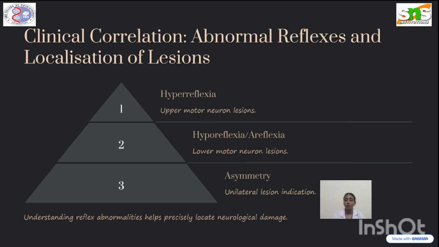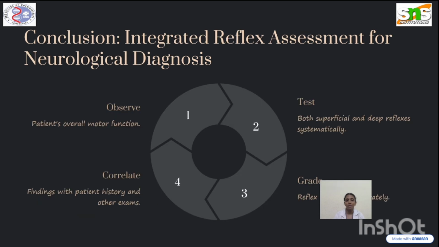If the reflex is 1 plus or 0 according to the grading, it indicates a lower motor neuron lesion. If the reflex is asymmetrical when compared between both limbs of the patient, then we can come to a conclusion that there is a unilateral lesion present in the patient. So understanding the reflex abnormality helps to precisely localize the neurological damage.